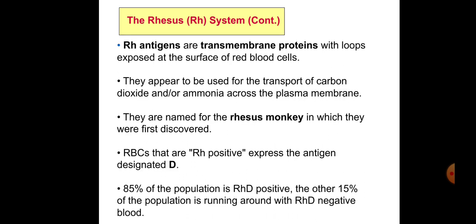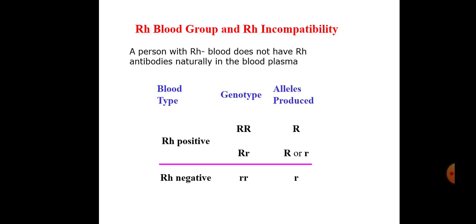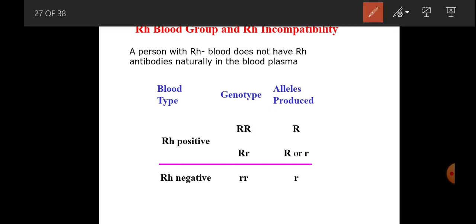They are more than 80%, and the rhesus factor is dominant. So that antigen is dominant, and these people are more because they are dominant over the rhesus factor negative. It is normally denoted by the positive or the negative.